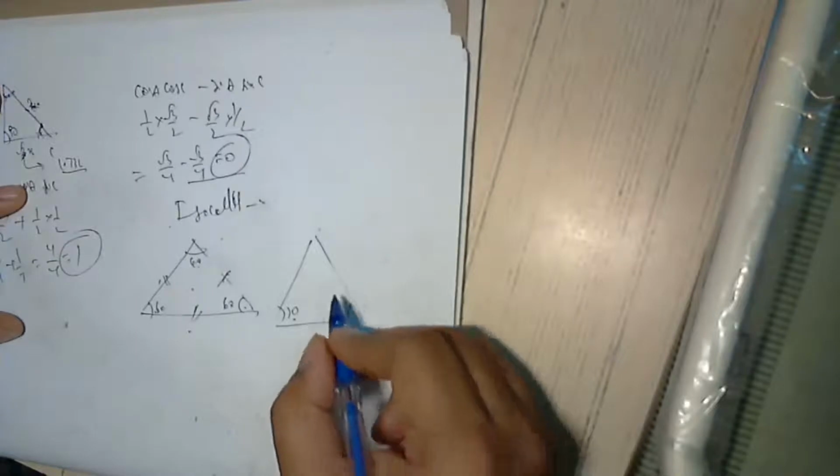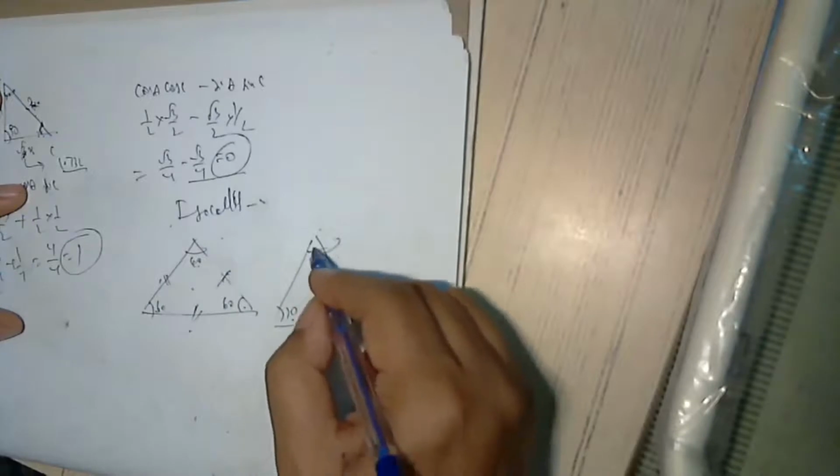Now in the isosceles triangle, this is 30, this is 30. 30 plus 30 is 60. And what is this angle? 120. This is a 30 angle, this is a 30 angle, 30, 30, this is 120. But here, since opposite sides' angles are equal, the sides are also equal.